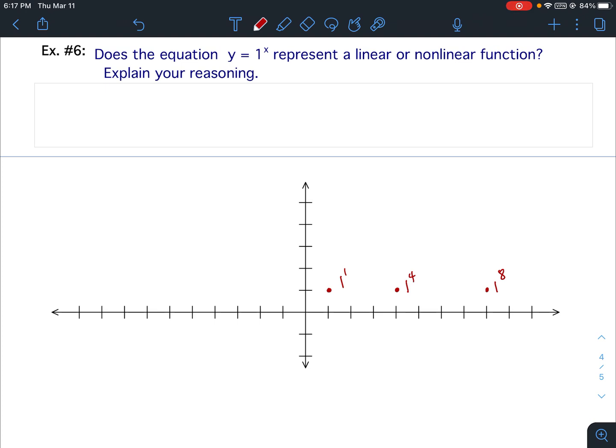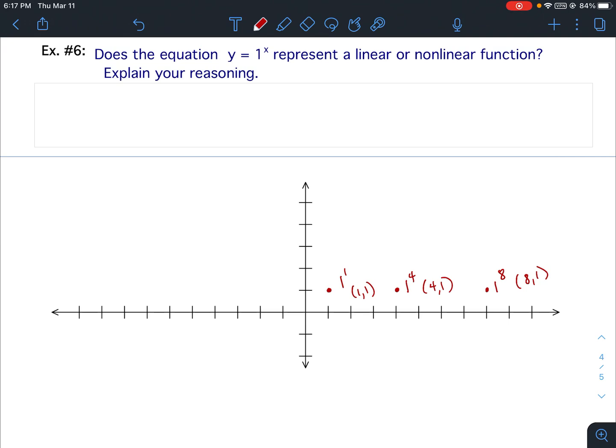All right, each of these ordered pairs would still give you y equals 1. This ordered pair is 8, 1. This ordered pair is 4, 1. This ordered pair is 1, 1. I could do the same thing with negative exponents.